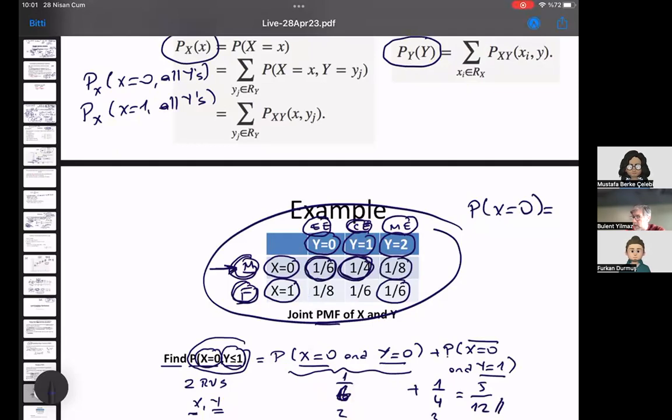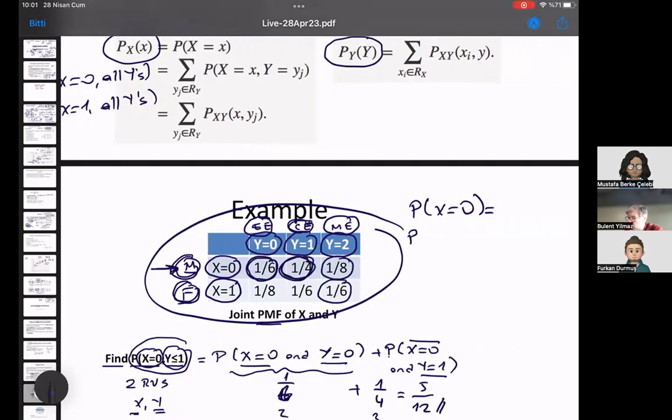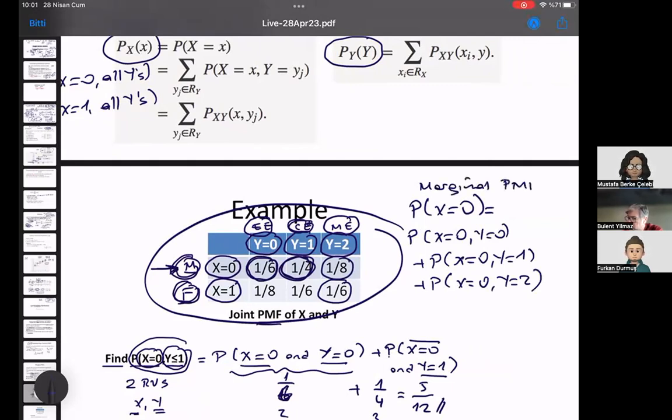These are all probabilities, which is probability of X equals 0 and Y equals 0, plus probability of X equals 0, Y equals 1, plus probability of X equals 0, Y equals 2. This is what? Marginal PMF. If I have a joint PMF, I can come up with joint PMF calculations, or I can have a marginal PMF. That means I can only focus on X or Y.